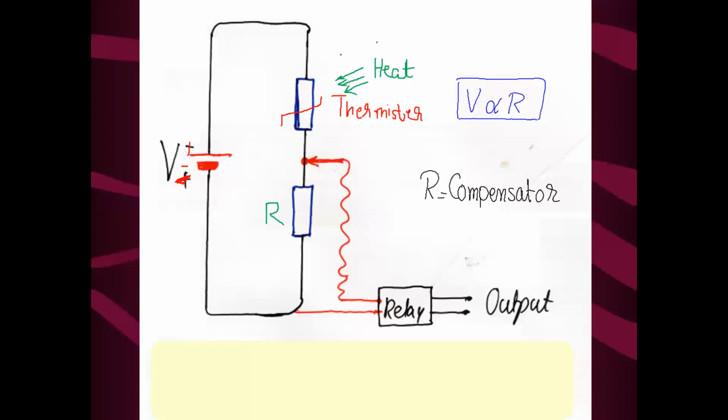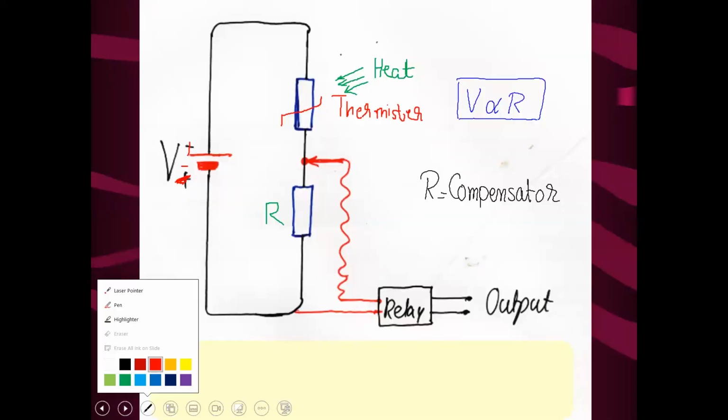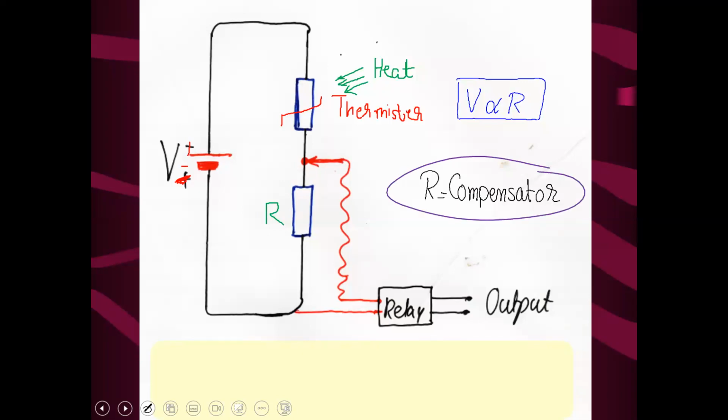Now I have a thermistor, and I have a resistor in series. This capital R is called the compensator. Now I start from the thermistor and you have to ignore this relay, not required anymore. Now what happens when heat is falling on the thermistor?